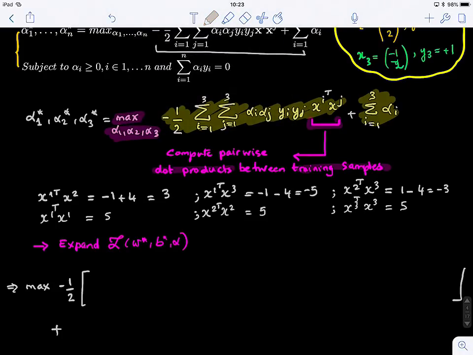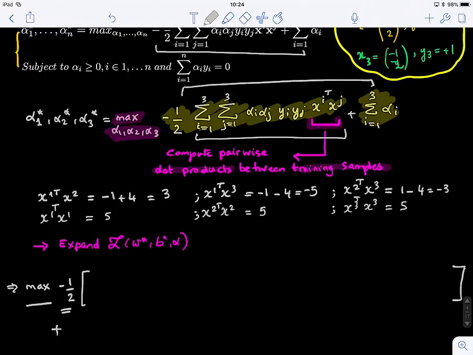I'll give you another minute, and I would like you guys to write this down, okay? Expand this, because now we need to solve it. To maximize it, to differentiate it with respect to the alphas, we need to write down the explicit form of the dual Lagrangian. We're maximizing it.